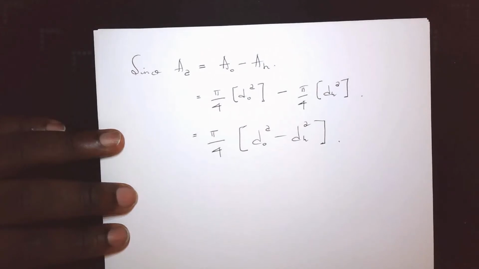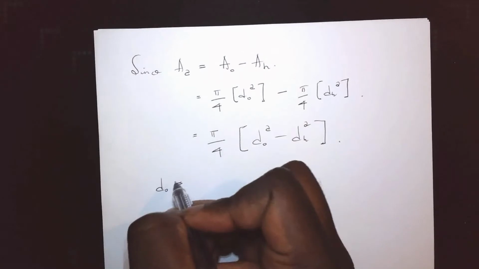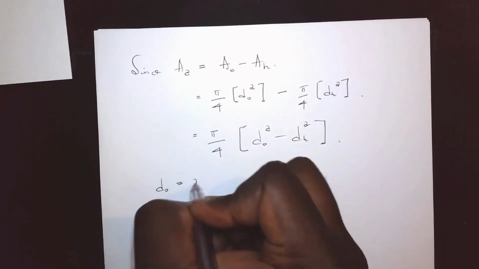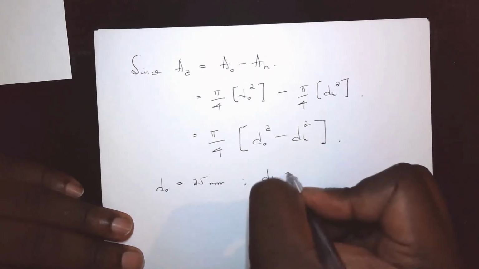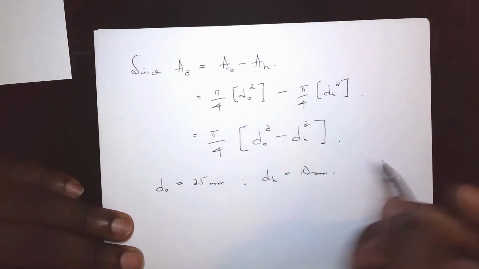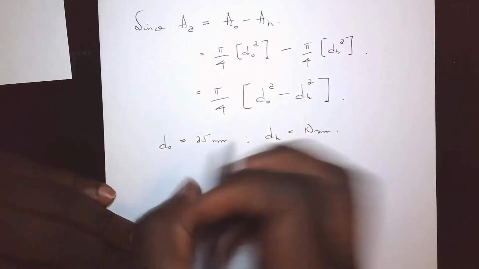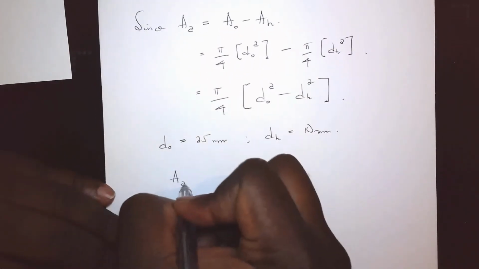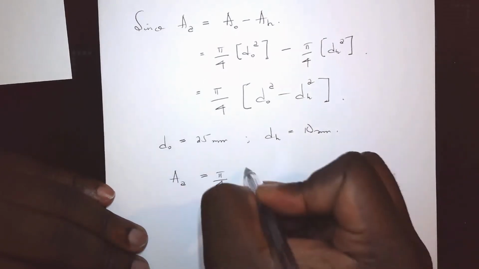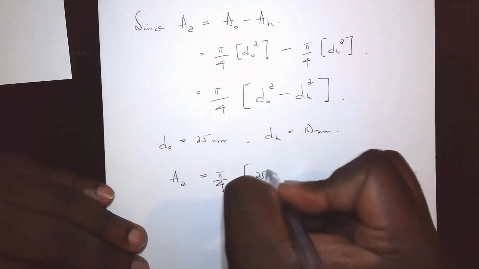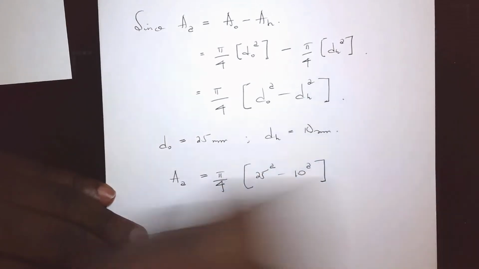And that defines A2. So we know that d0 from the problem is given as 25 millimeters. dh is given as 10 millimeters. So if we substitute these into our formula, A2 is equal to pi over 4 into bracket 25 squared minus 10 squared.